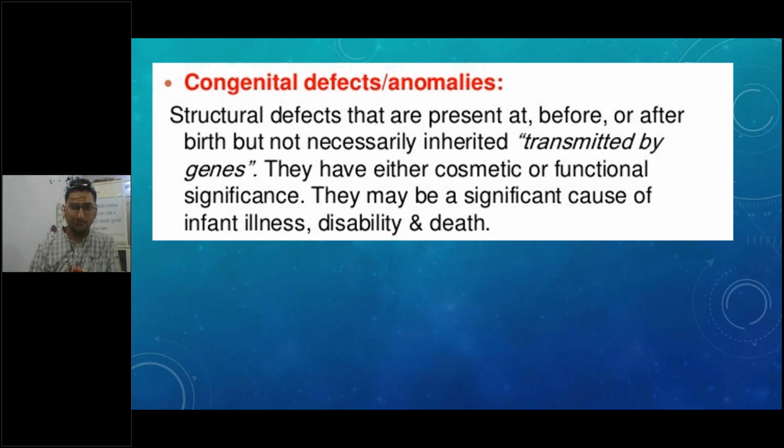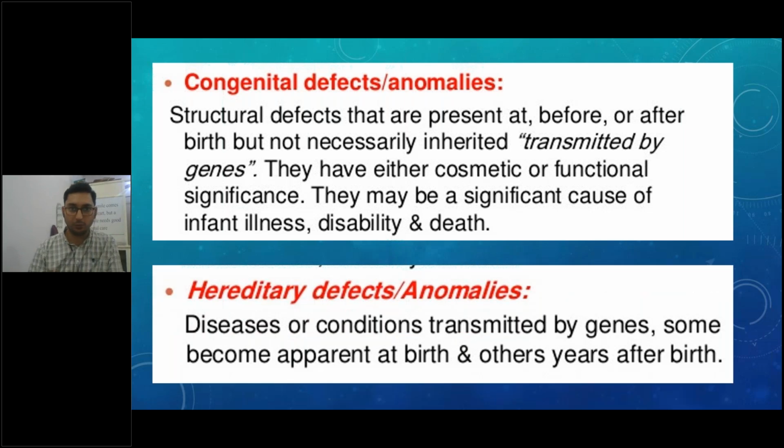I'll take you through certain terms. The first one is congenital defects or anomalies, and the second is hereditary. These are two terms which are used very commonly but not with much clarity. Congenital defects are the defects which are given to the child just before birth, during birth, or immediately after birth.